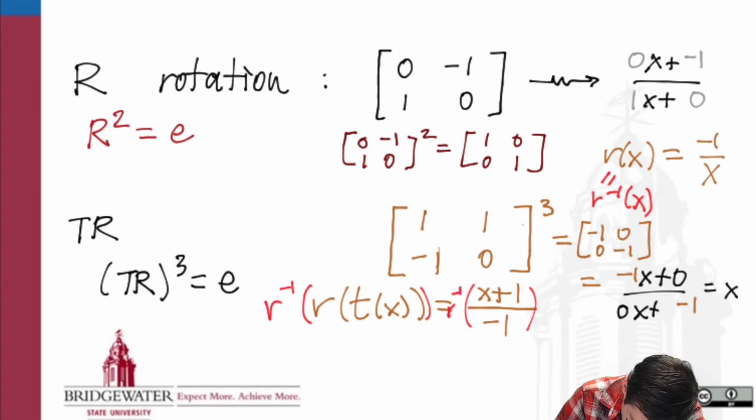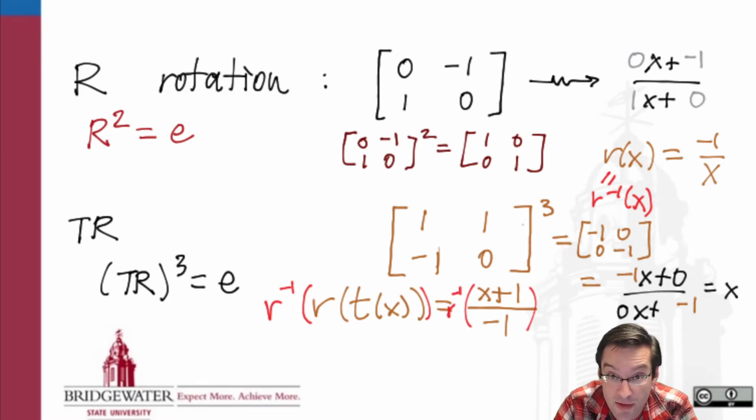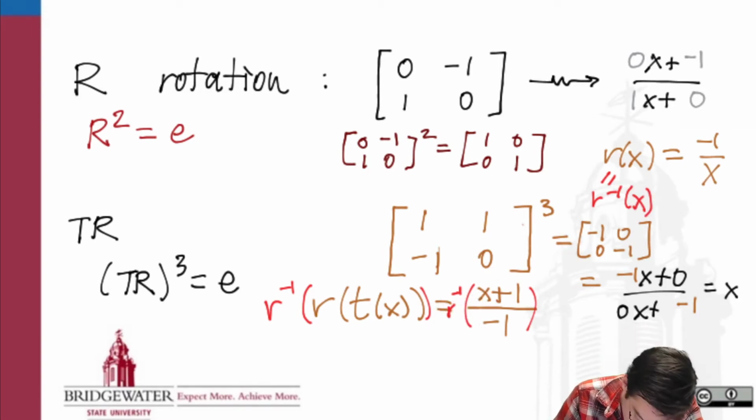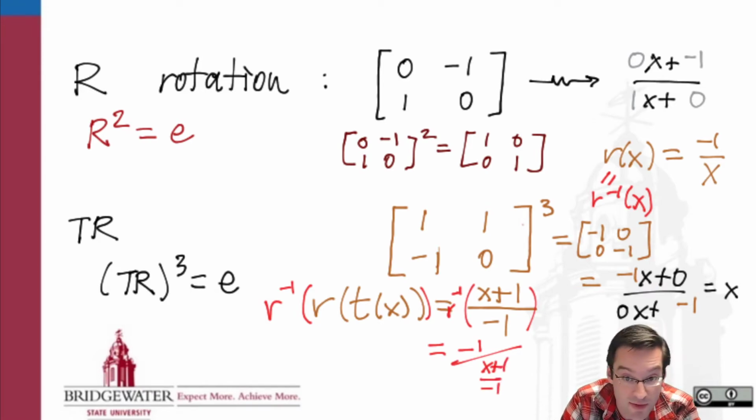Because r inverse is a function, I can apply it to both sides of an equation, and the equation remains true. But r inverse has the same formula as r does, and so my right-hand side here, r inverse of x plus 1 over negative 1, is going to be minus 1 over x plus 1 over negative 1, if that's more or less legible.